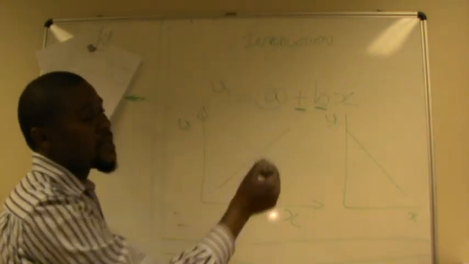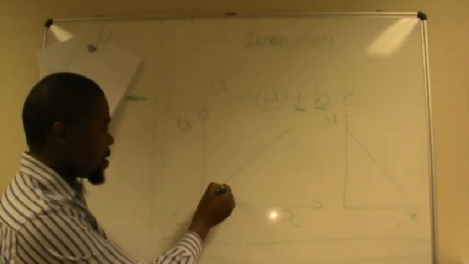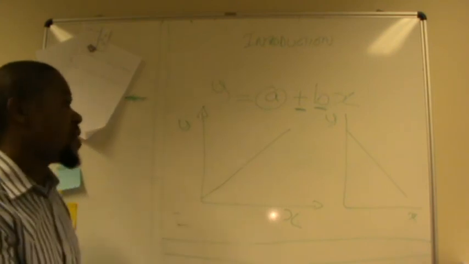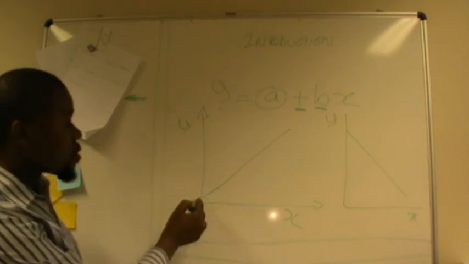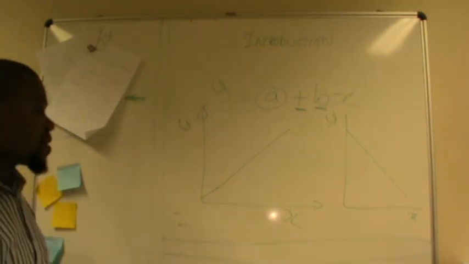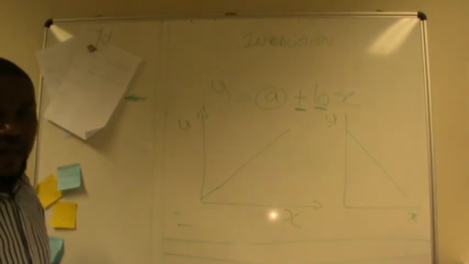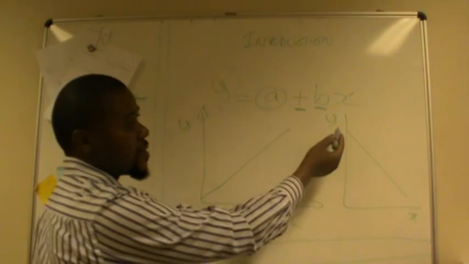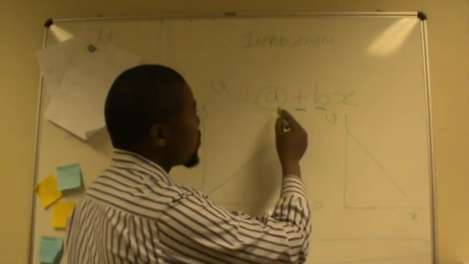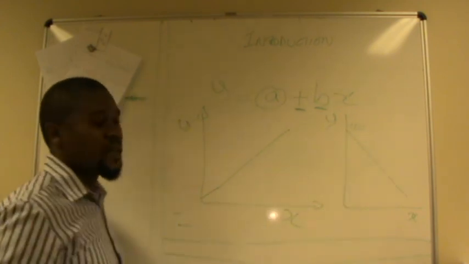Whilst a is your intercept, your y-intercept. Maybe in this case, it would come there, say about 1, or whatever it is. It could also be a negative. But like I said, in most economic concepts, we hardly ever have a negative slope. But there you've got it. Your a there could be, say, a positive 10.